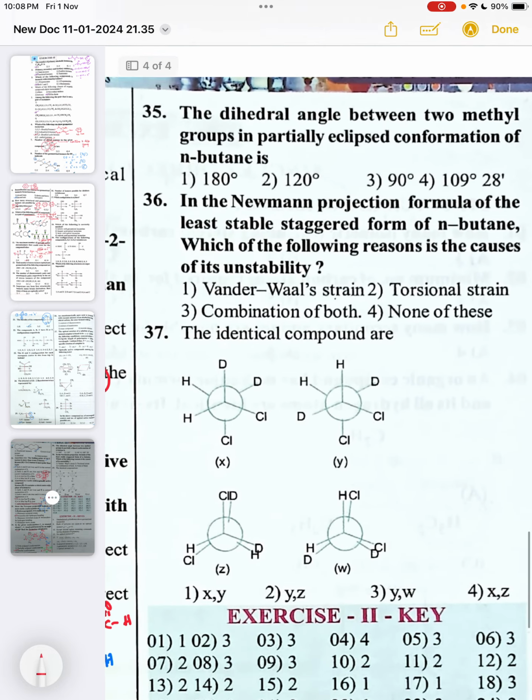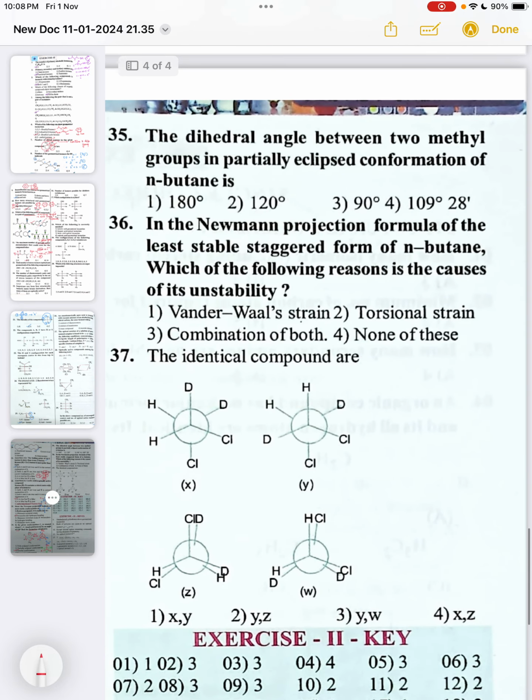Next, the dihedral angle between two methyl groups in the partially eclipsed conformer of n-butane is how much? 120 degrees. The second option is correct.